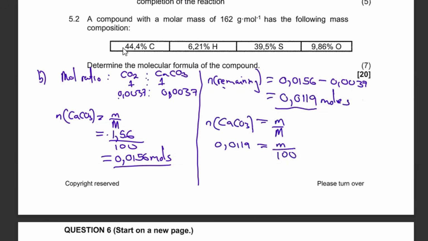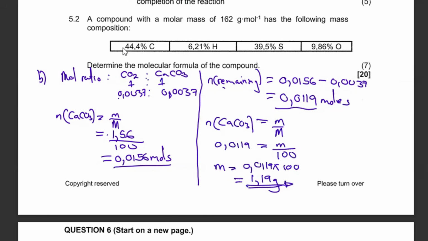So we make m the subject of the formula. Therefore m is equivalent to 0.0119 multiplied by 100, which is 1.19. So your answer is 1.19 grams. That's the final answer for this one.